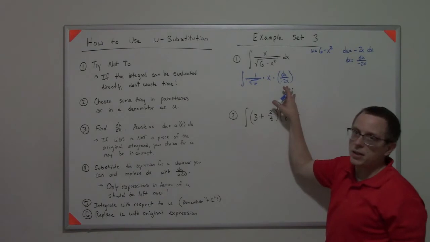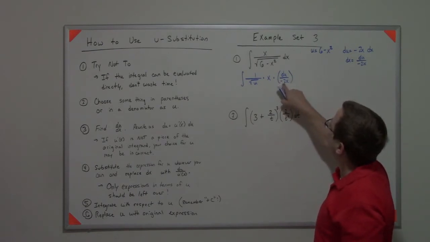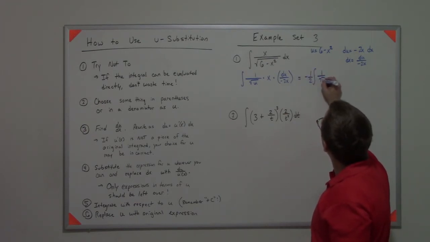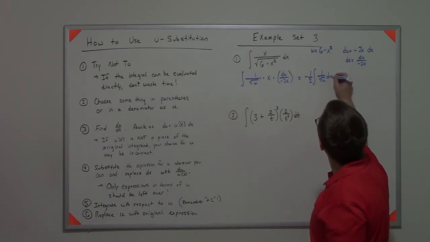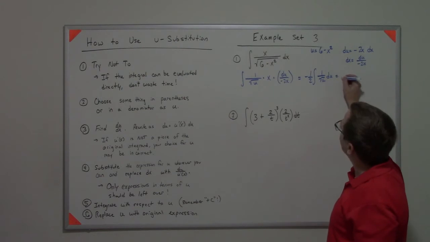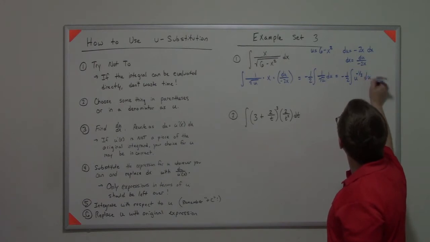So that means my x's will cancel, but I get a negative 2 on bottom, so I get negative 1/2 times 1 over square root of u du, which I can then rewrite as negative 1/2 u to the negative 1/2 du.